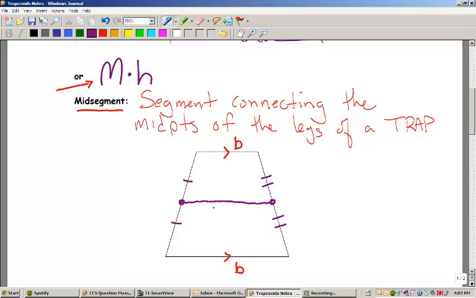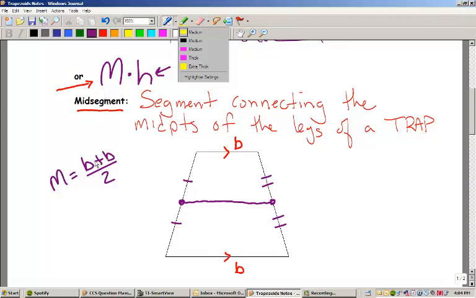Now the way to find the length of your midsegment is nothing more than the average of your bases. So base plus base over 2. And now you can use this formula, midsegment times height. So again, the h is still going to be your height.